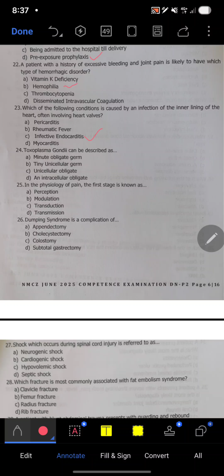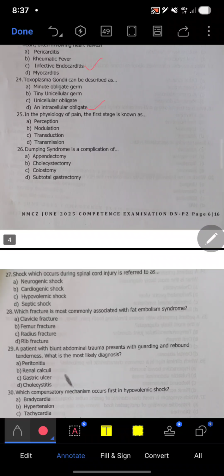The next question, 24, says Toxoplasma gondii can be described as, and the correct answer is D, which is an intracellular obligate. 25. In the physiology of pain, the first stage is known as, and the correct answer is C, of course, which is transduction.